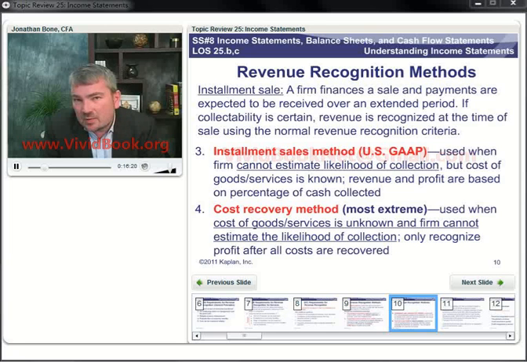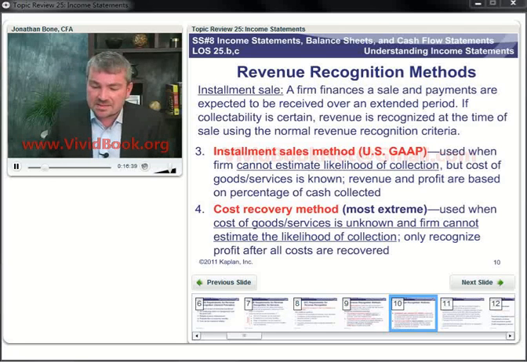So actually we bring in revenue, i.e. sales, exactly the same way as we do with the installment sales method, i.e. in proportion to the cash we've collected to date. However, what we do here is we match costs against revenues and don't book any profit until we've fully recovered all of our costs. Sounds a bit complicated, but we're going to see it with some numbers in just a second.